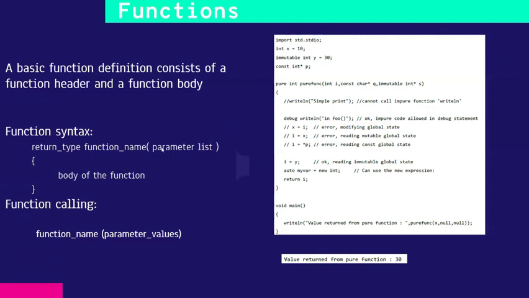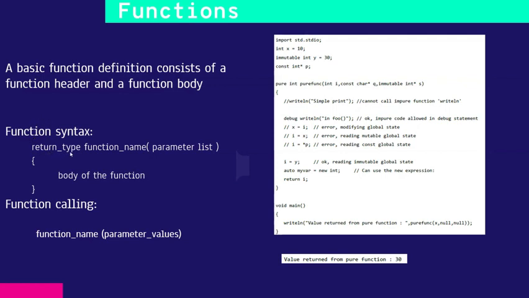And the function is actually a basic function definition consisting of a function header and a function body. It's a unit of code in any programming language. The function declaration is similar to C++. Here is the syntax of the function.